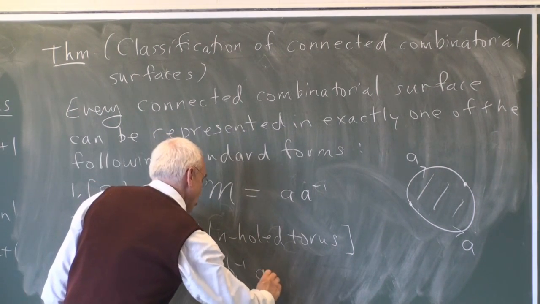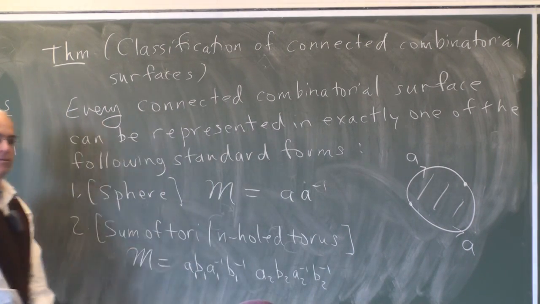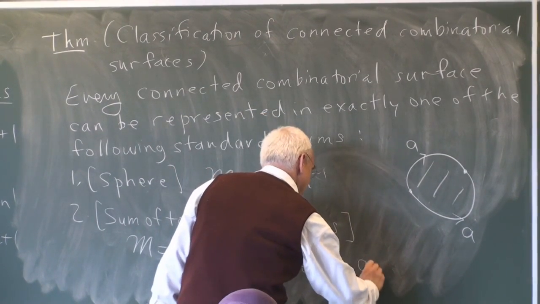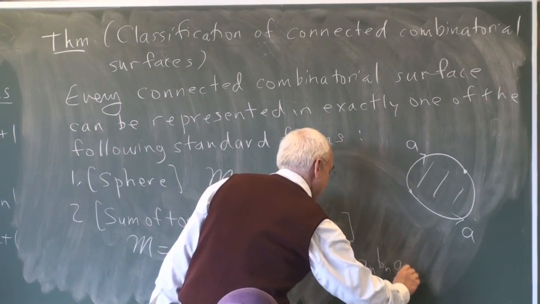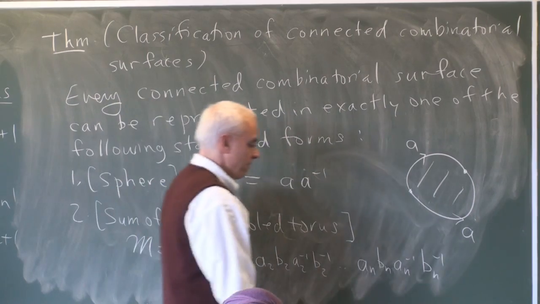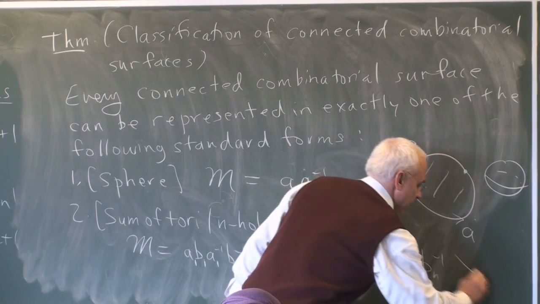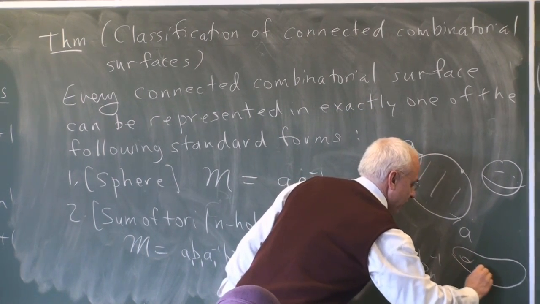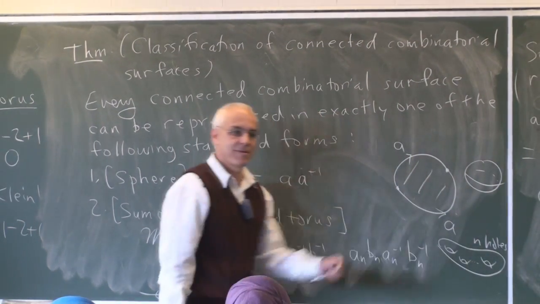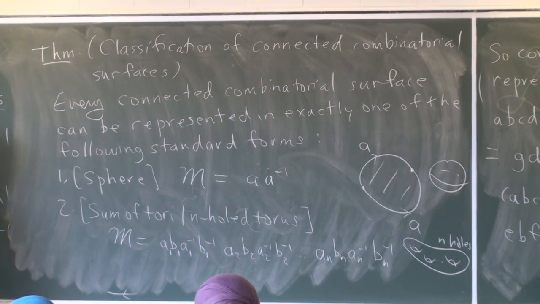Then followed by A2, B2, A2 inverse, B2 inverse. And keeping on going till we get to An, Bn, An inverse, Bn inverse. So, well, of course, this one here is a sphere. That's its picture. Here, the picture is a torus with n holes. And combinatorially, in terms of a polygon, that's its representation.